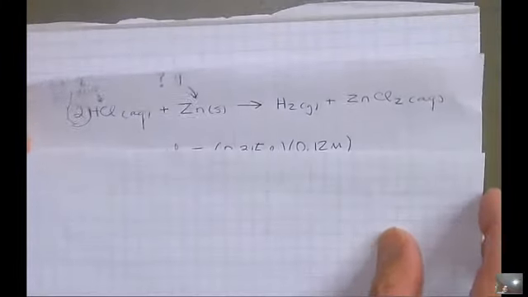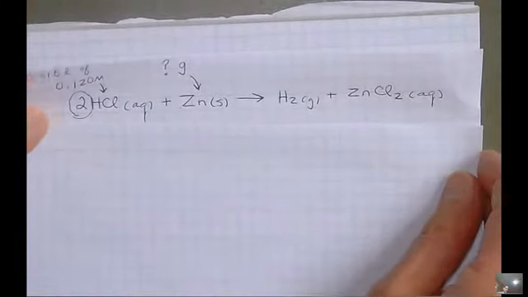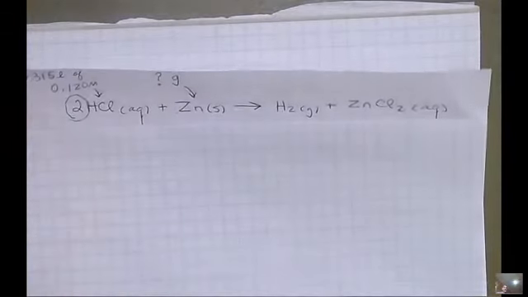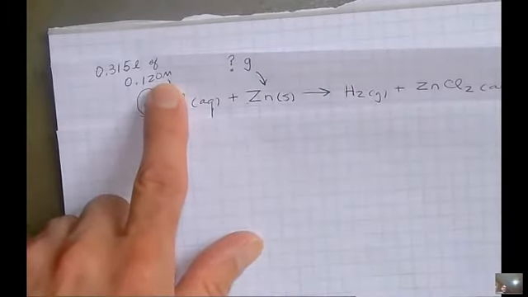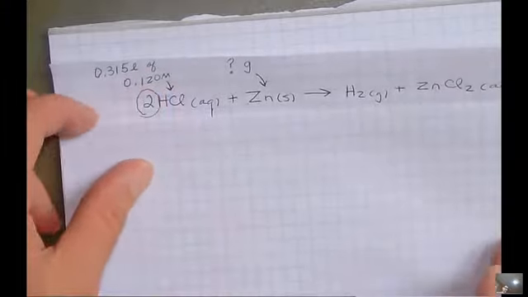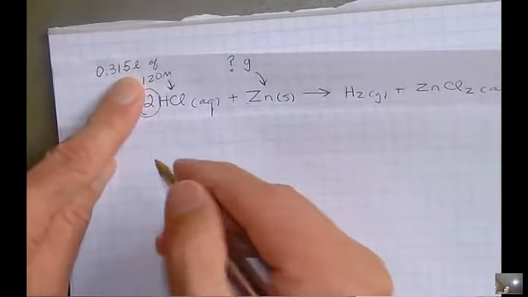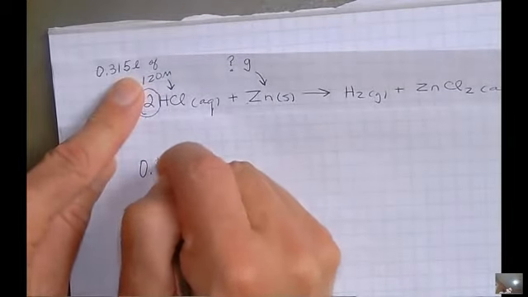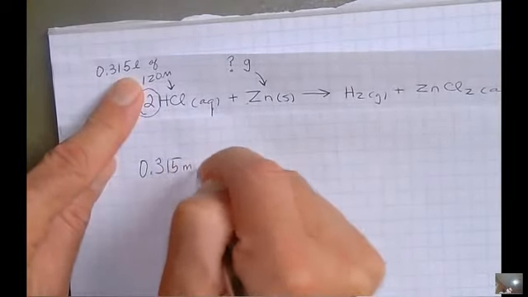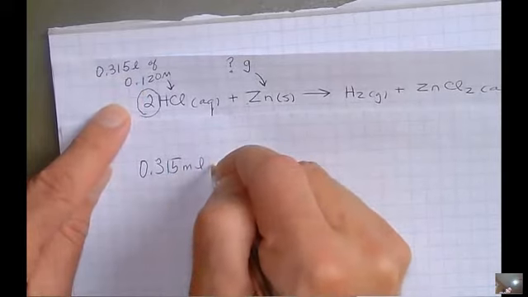So look what I'm going to start with. I'm going to start with the only quantity that I know. This is a concentration. A concentration isn't the quantity. The volume is the quantity. Okay, so 315 milliliters is 0.315 liters of this HCl solution.